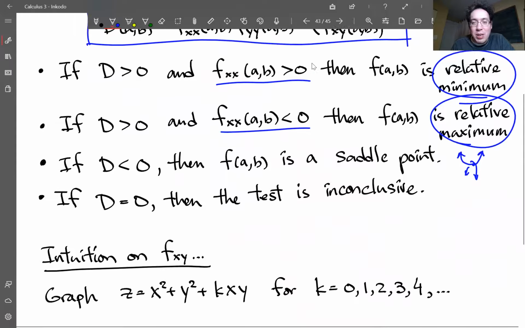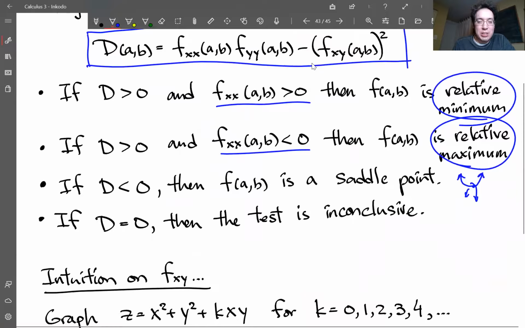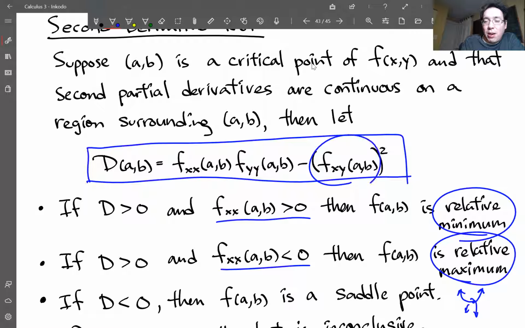Okay, so what I want to do is give you an intuition for this quantity D that just seems to come out of nowhere. It seems like if it's positive, then you have a maximum or minimum. If it's negative, then it's all twisted up and gives you a saddle point. I want you to see there's a square here, right? The mixed partial derivative is being subtracted from the quantity.